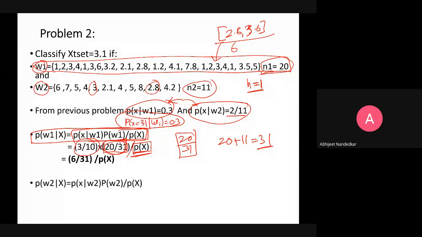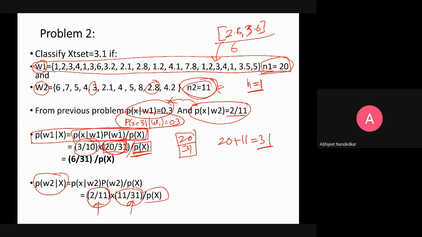Similarly, we can calculate the posterior for class 2. This is 2 by 11, which was rightly pointed out, and then 11 by 31. Why 11 by 31? There are 11 samples in omega 2 divided by the total number of samples. That I have done, and this p of x is as it is. So 6 by 31 and 2 by 31.